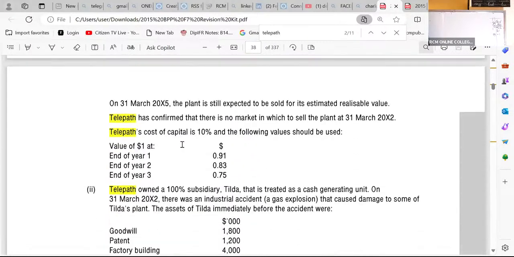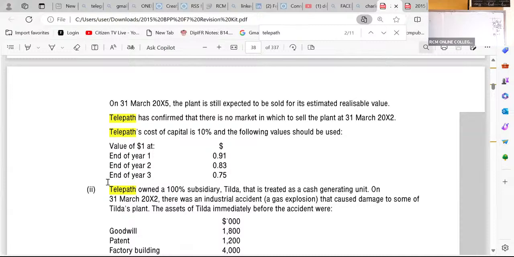Then on 31st March 20x5, the plant is still expected to be sold for its estimated realizable value. Telepath has confirmed that there is no market in which to sell the plant as of that date. Telepath's cost of capital is 10%, and the following value should be used there.